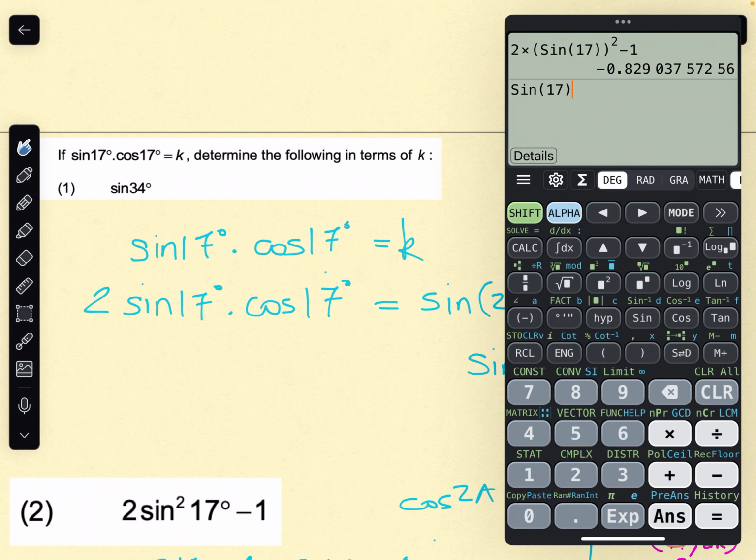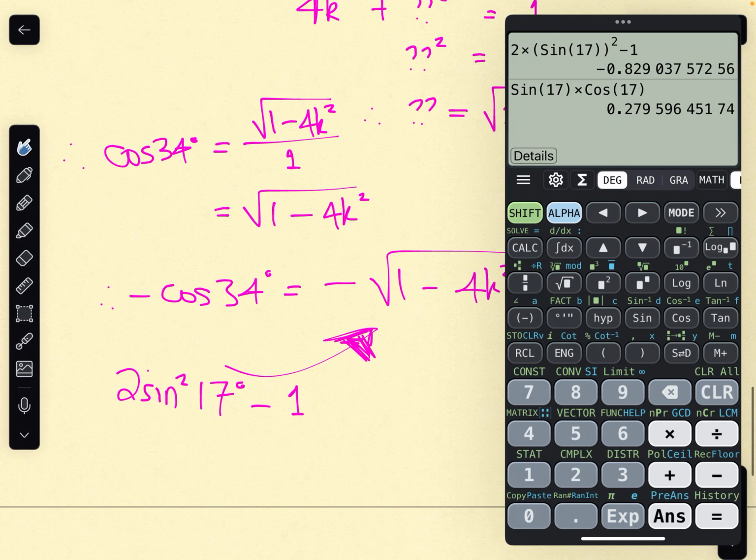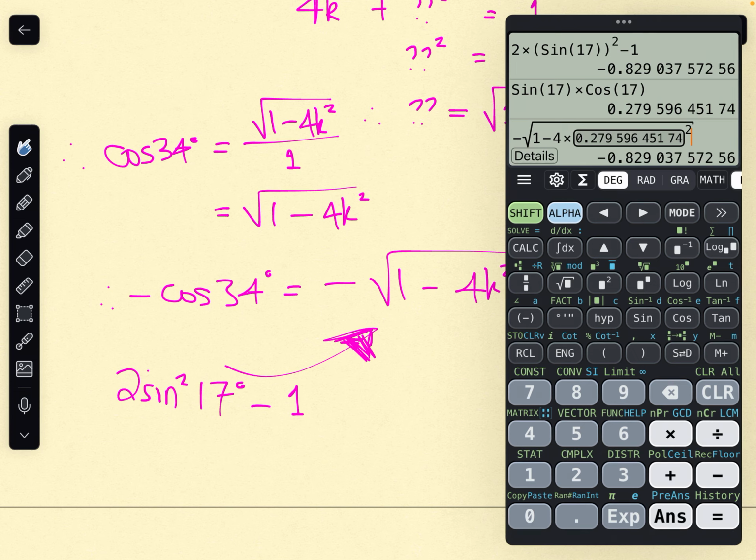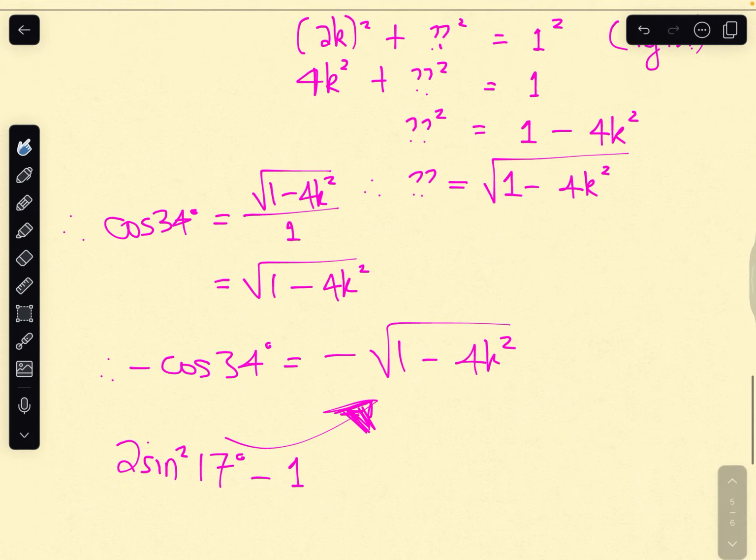So sine 17 times cos 17. I don't need to store it really. It's stored in Ans, so we shall just use Ans. Right, so now if we calculate minus the square root of 1 minus 4 times Ans squared, we get negative 0.829037. So we're looking correct.